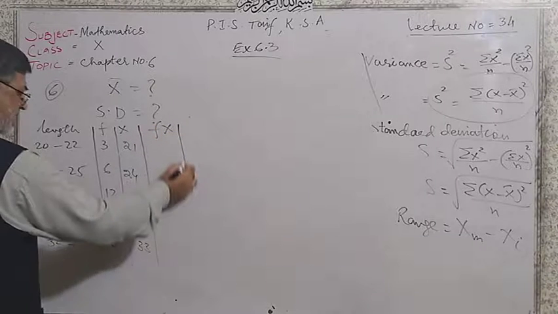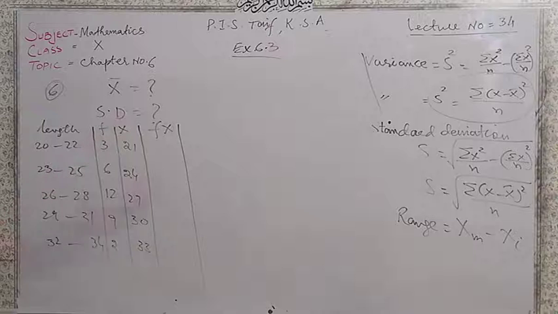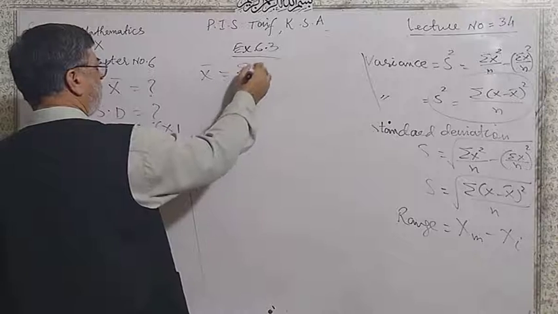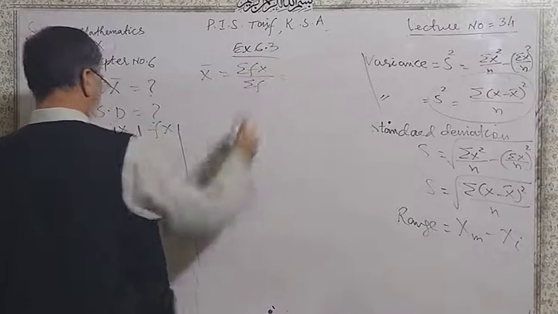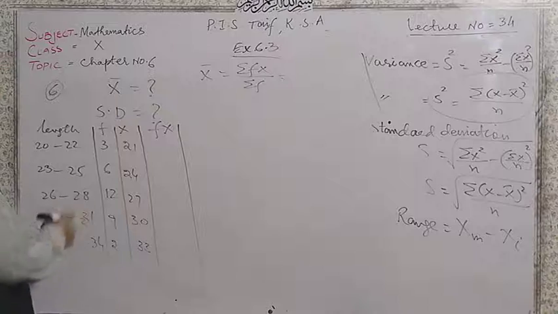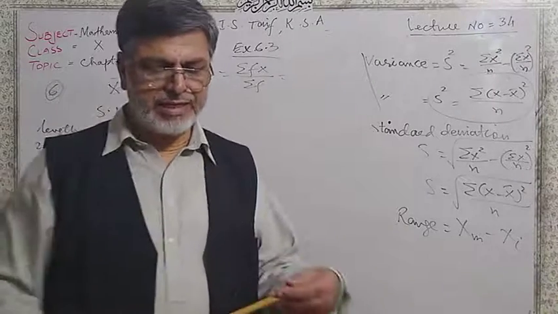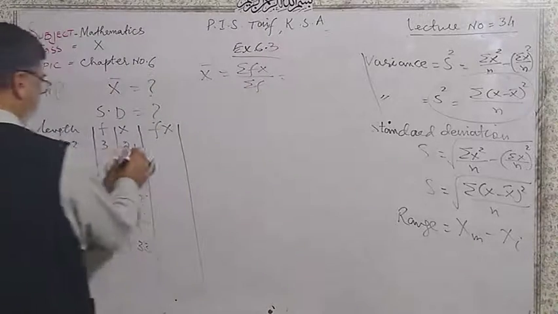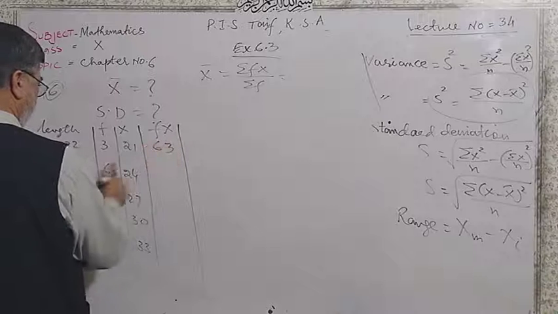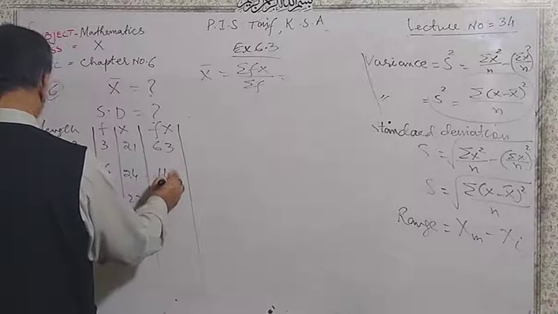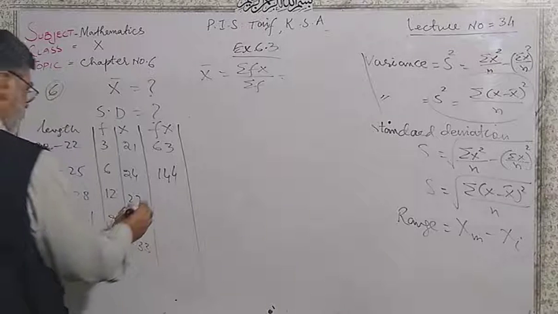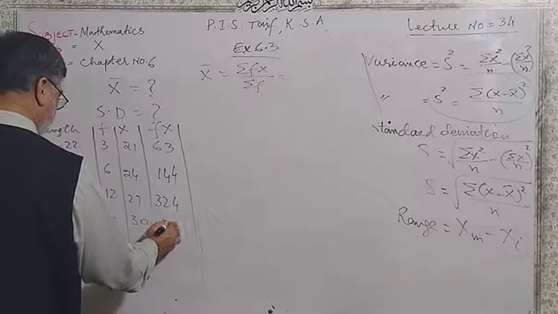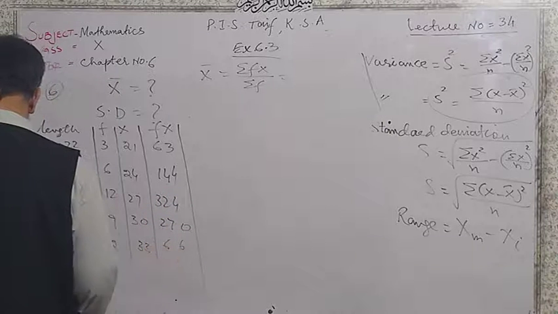The next column is fx. Because this is grouped data, you have to apply the formula. Which formula? X bar is equal to sigma fx over sigma f. Here we can have the values of fx: 3 times 21 is 63, 6 times 24 is 144, and here is 27 into 12, which will be 324, then 270 and 66.